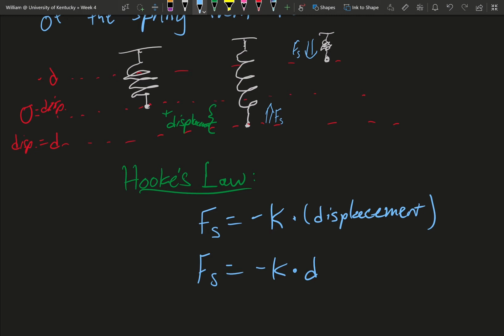Note it always has to be the opposite sign of the displacement, and so k has to be greater than 0.